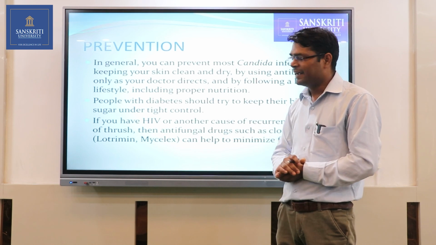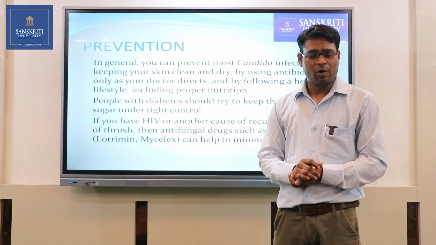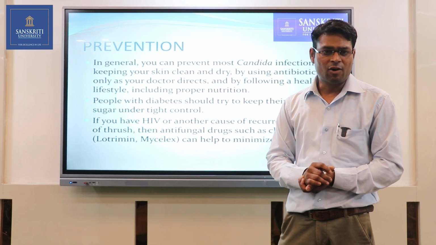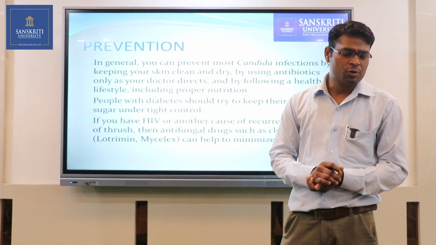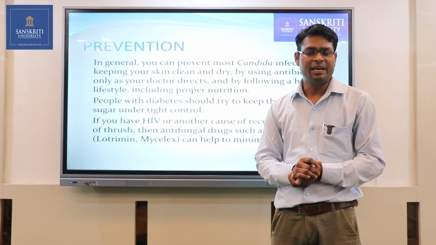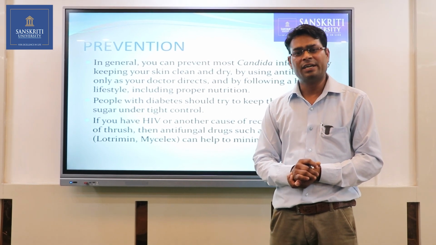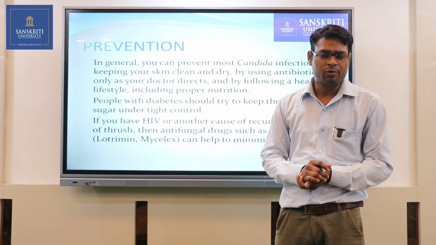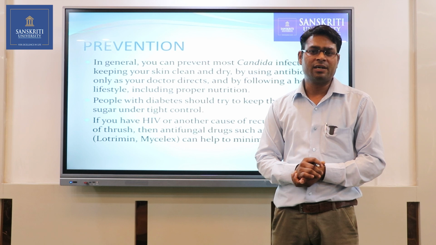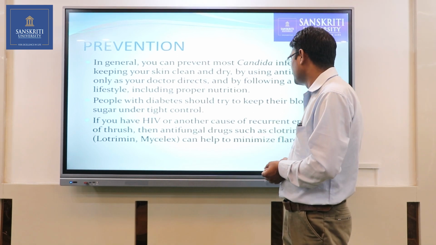Prevention means proper hygiene, cleaning of hands, cleaning of all the clothes, and if we have any kind of irritation or itching on the skin, then we have to report to the doctor or use antifungal drugs for the treatment.